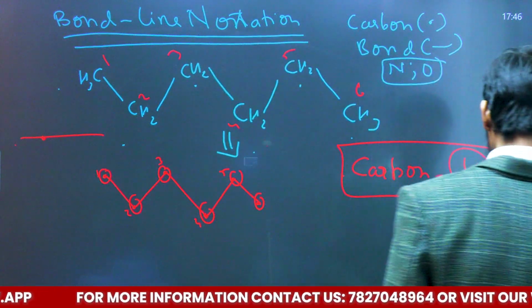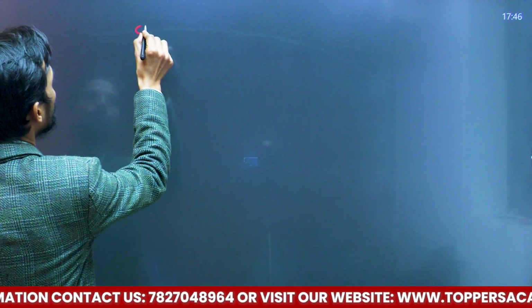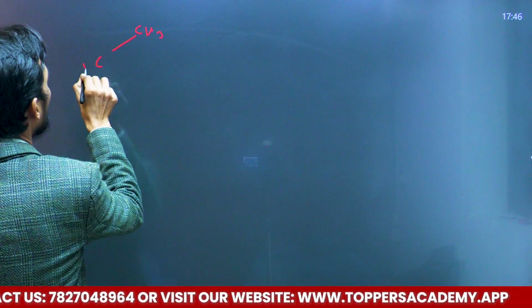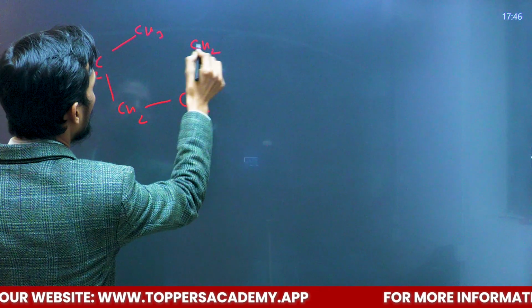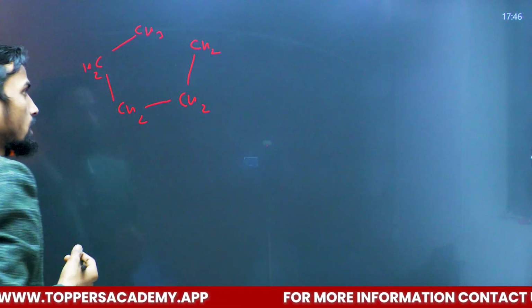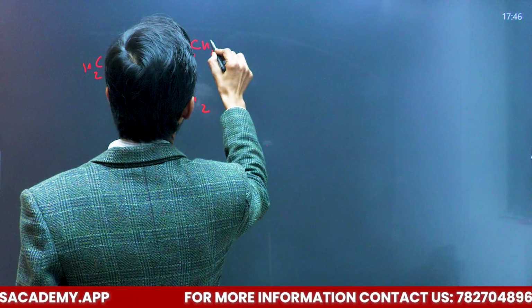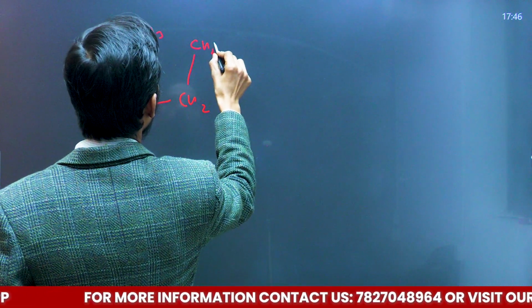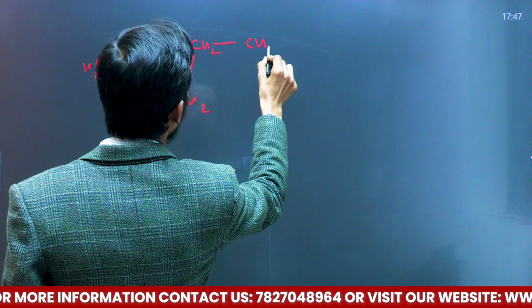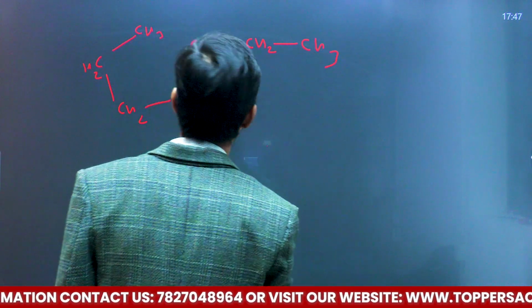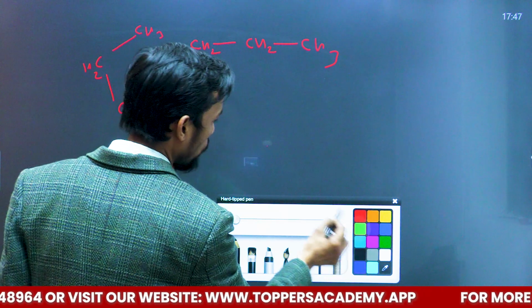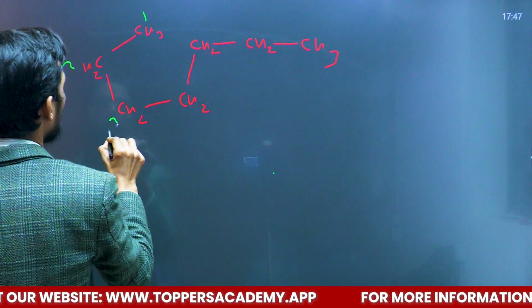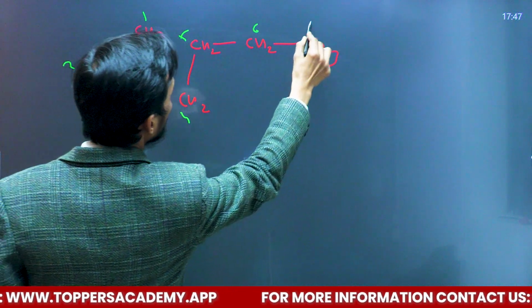If you see some more examples, just to understand this concept, if we have this compound, I am trying to make you understand this concept in a better way: 1 carbon, 2 carbon, 3 carbon, 4 carbon, 5 carbon, 6 carbon, 7 carbon.